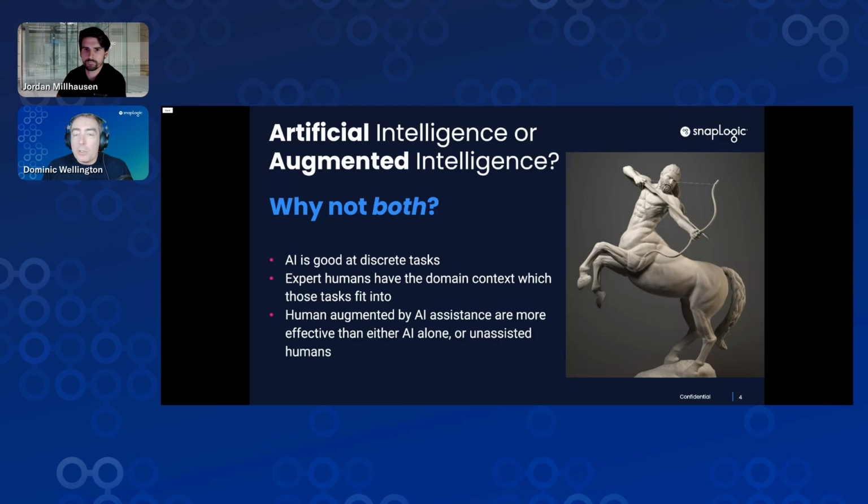AI in general is good at discrete tasks, but what they lack is the domain context that those tasks fit into, and that's what we human users can give them. So humans augmented by AI assistants, what's sometimes called centaurs or hybrid or cyborg, there are all sorts of names, are much more effective than either the AI working alone or unassisted humans. So today we're going to be talking about some strategies for putting that into practice.